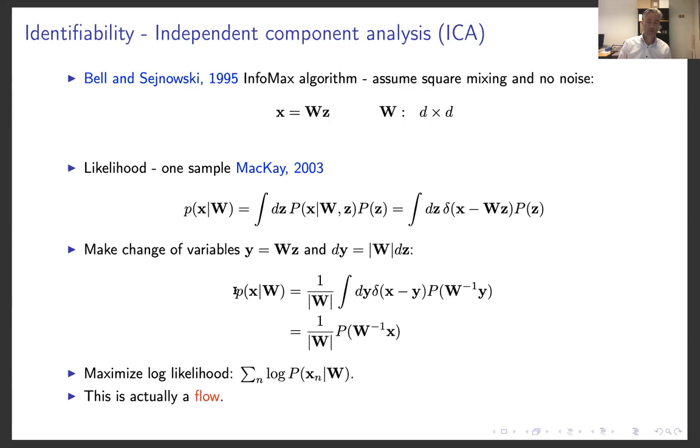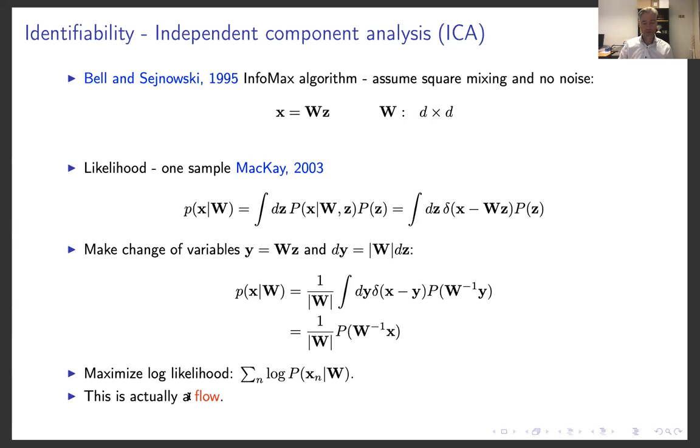And then in the end, you find a likelihood function for this data point, which is given by this expression. You can see this P here is the prior distribution over your latent variables. So here you can insert some kind of heavy tail distribution, and then you can maximize this likelihood function over the data set of these data points, these recordings at the different time points.